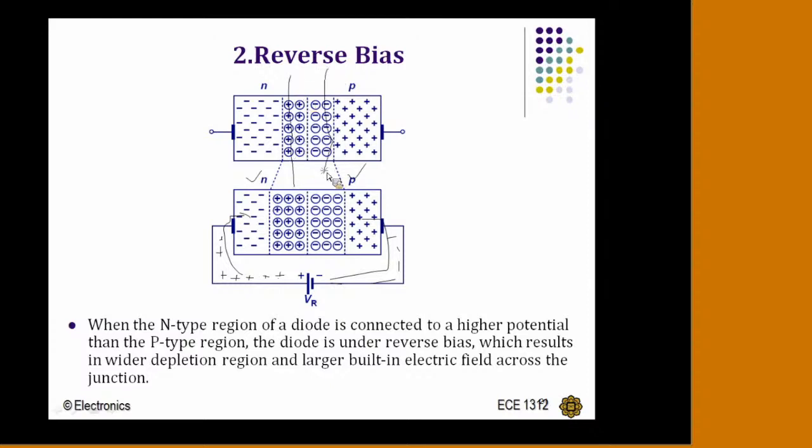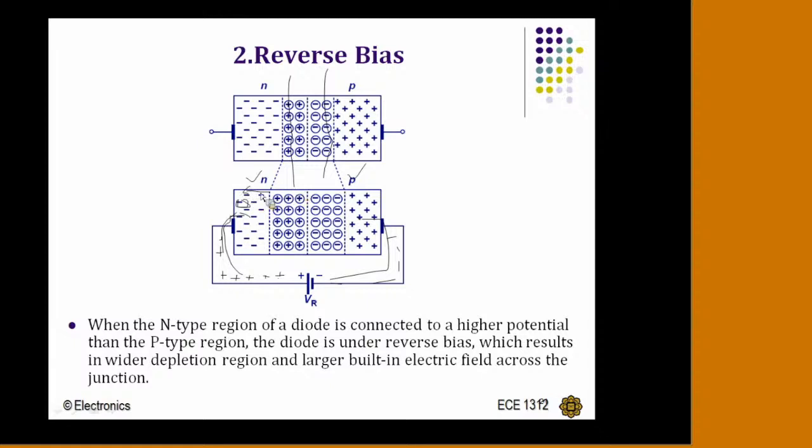Initially, this is the width of the depletion region I'm assuming. Due to these opposite polarity charge carriers, the hole coming from the positive supply recombines with the electrons. That means this hole and the electron will recombine, and one electron will disappear. This positive charge is pushing the electrons in the reverse direction.